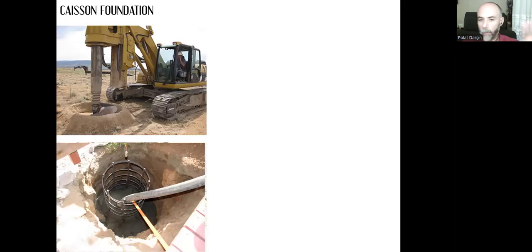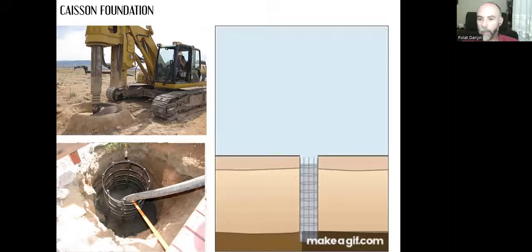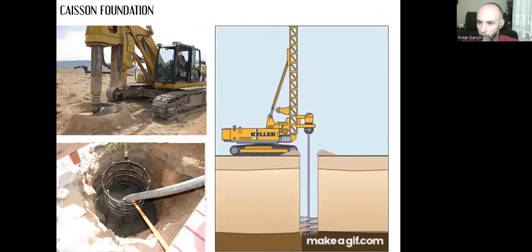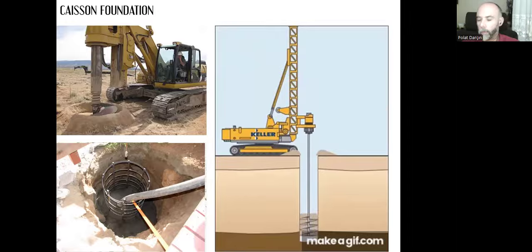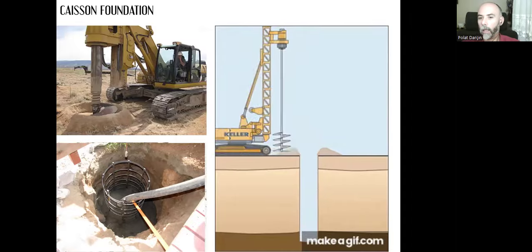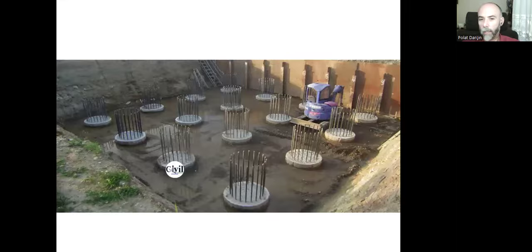That means that we are creating reinforced concrete columns, very large columns inside the earth, like that. First, we do the boring. We create that very long hole. Then we place reinforcement bars, and then we pour concrete over that to have those caissons. These are all caisson foundations.